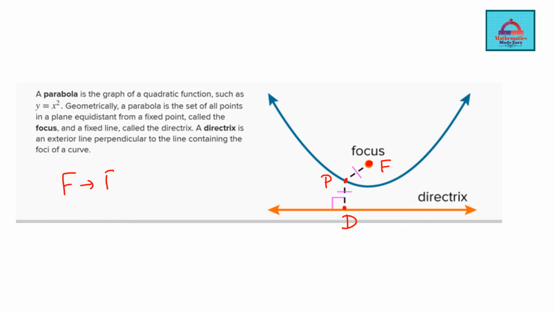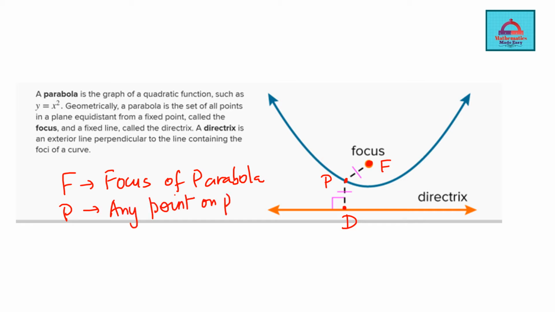F is the point of focus of the parabola. Capital P denotes any point on the parabola. Capital D denotes any point on the directrix.